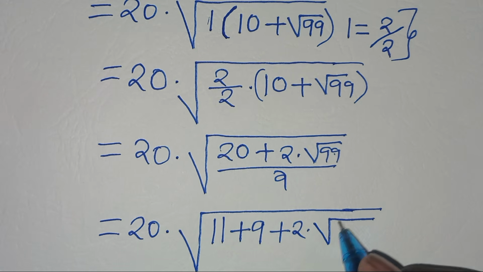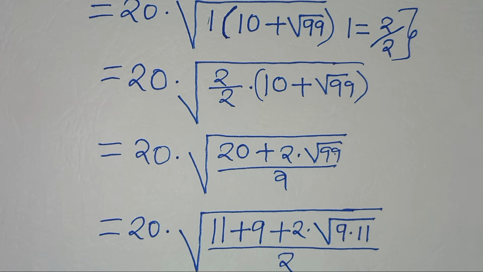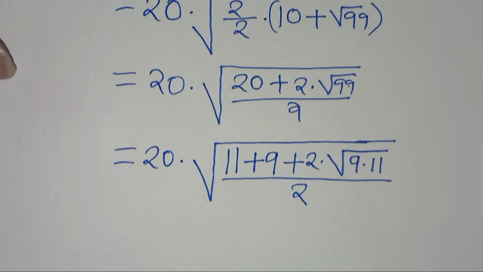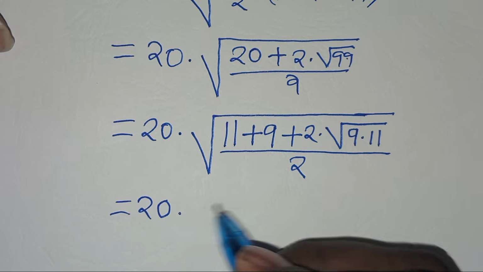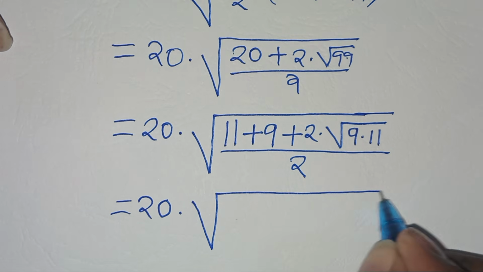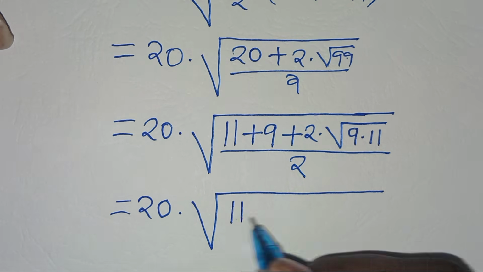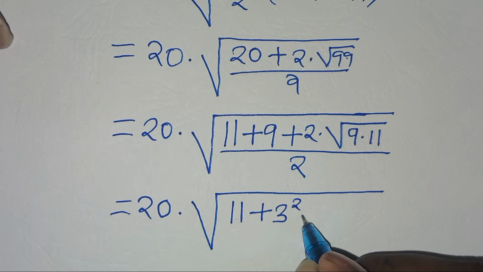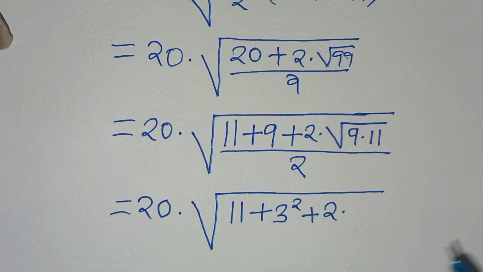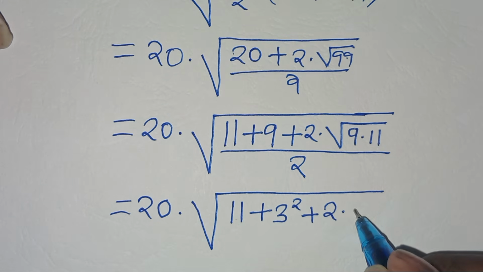The square root of 99 is the same thing as the square root of 9 multiplied by 11, divided by 2. So here we have 20 multiplied by the square root of 11 plus, we can express 9 as 3 to the power of 2, then plus 2 multiplying by the square root of 99.